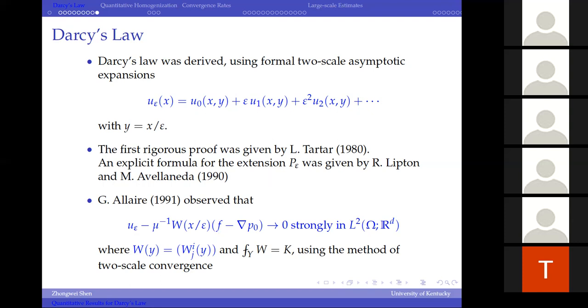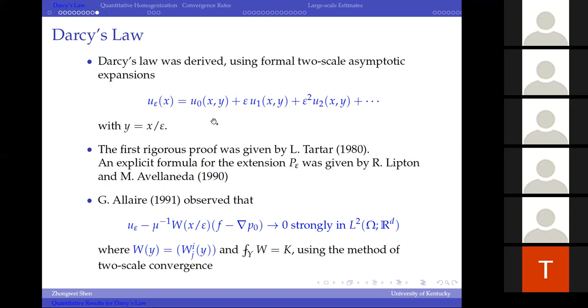asymptotic expansion. So this is different from the classical case when you have a single elliptic equation or elliptic system where the leading term does not depend on y. Okay, so in this case, the leading term does depend on the fast variable, and therefore you don't get a strong convergence of u epsilon to u0.